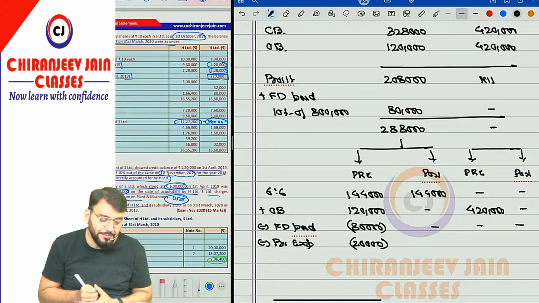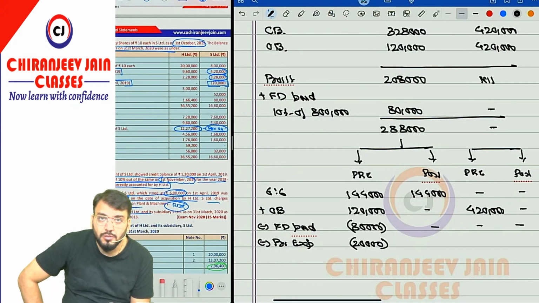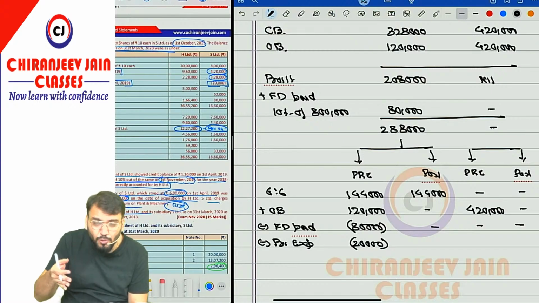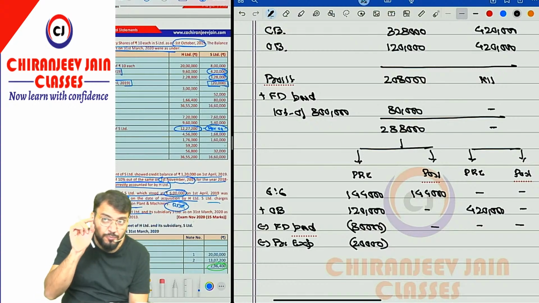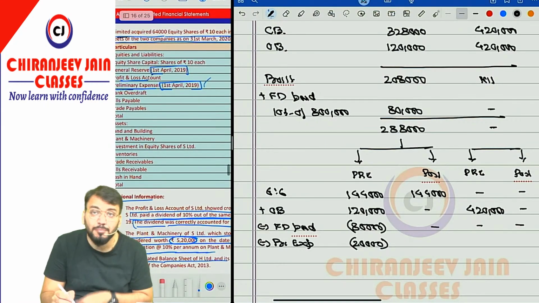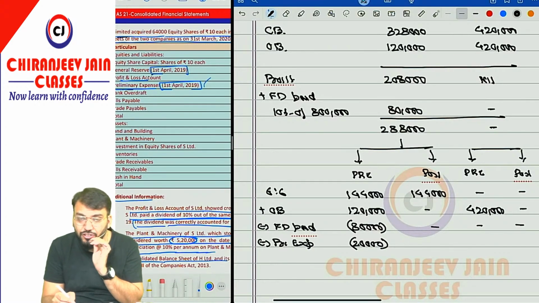This is a new point. Understood? If suppose preliminary expenses was created during post acquisition period... because it was created on 1/4/2019, it is given, so it should be deducted from what? Pre-acquisition profit only, because that was available on the date of acquisition. Got this point?